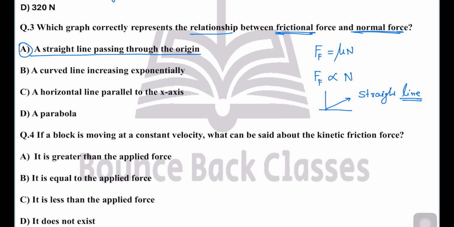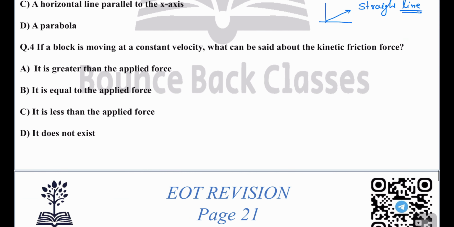Fine. Question number 4. A block is moving at constant velocity. Acceleration is 0. What can be said about the kinetic friction force? Kinetic friction means mu k. Is it greater than the applied force? No. It is equal. Very good.